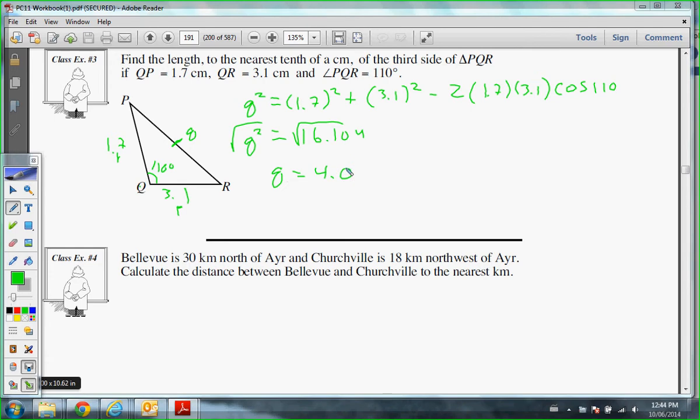Okay, if you have problems with calculation, I can look at it. Just make sure you're in degree mode. Let's see here. I'll give you a second to try it yourself.